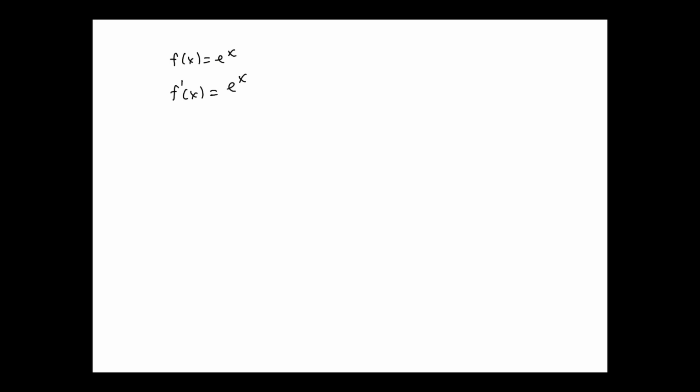If I want a tangent line at x equals 0, I need to plug in 0 and I get 1, because e to the 0 is 1. And the slope is also 1. So y minus 1 equals 1 times x minus 0, or y equals x plus 1 if I move everybody over to the other side.